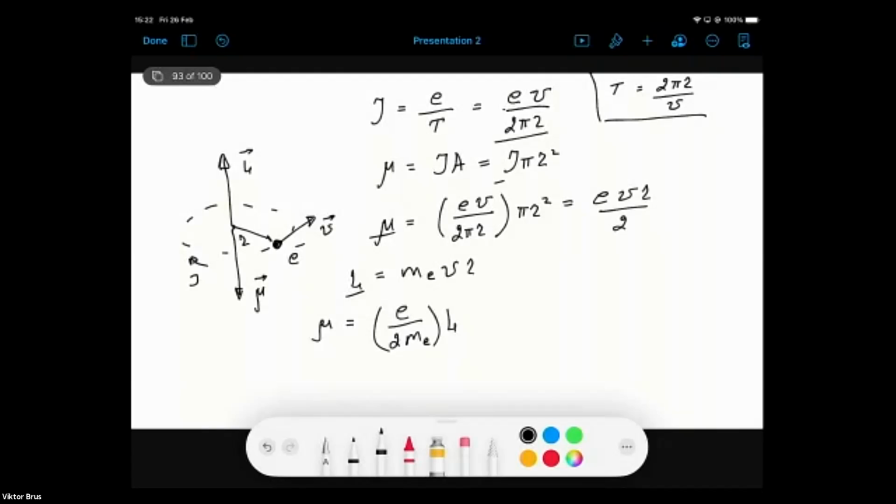One of the fundamental outcomes of quantum physics is that orbital angular momentum is quantized, and it's equal to a discrete number of the constant h over 2 pi, where h is the Planck's constant.